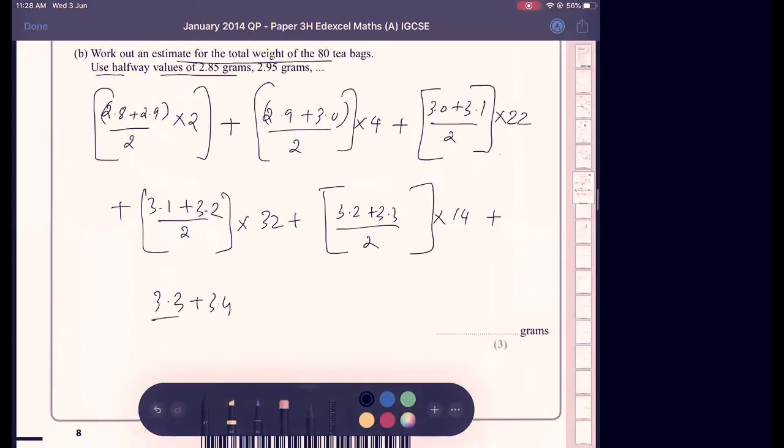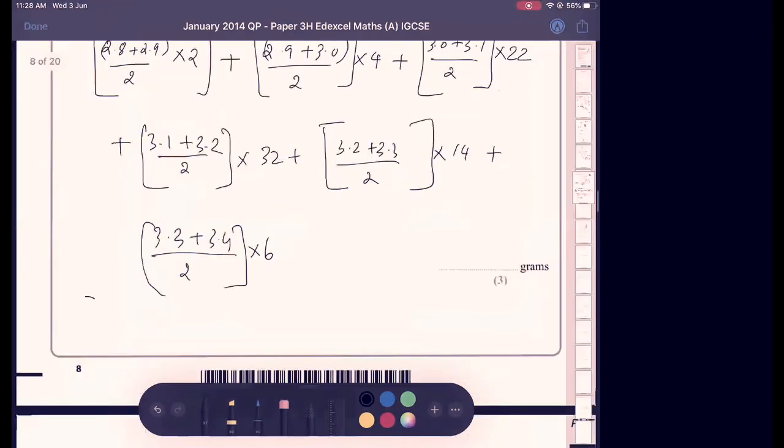So the entire thing is divided by 80. So what is the answer? I wrote 251. 2 point what? Well, if it's in points, then 2.5.